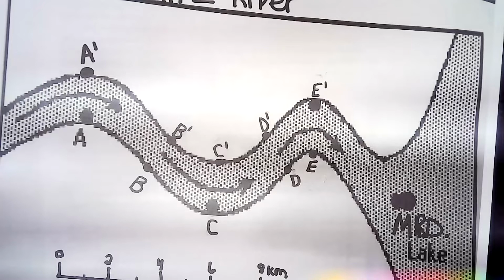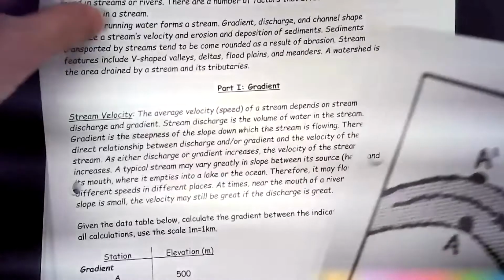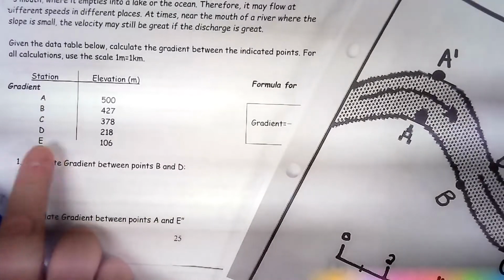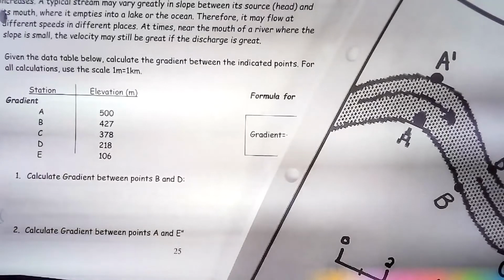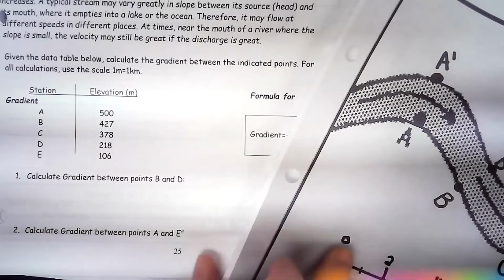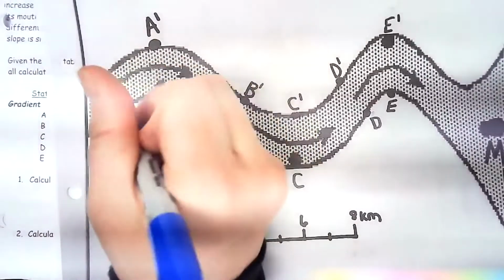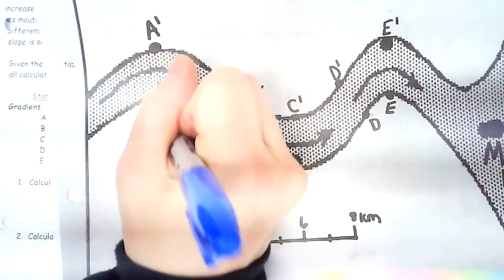That's funny. All right, so this is the river. According to the paper on page 25, I already told you the elevation at some of the locations. At location A, the elevation is 500 meters. Why don't we go ahead and write that in?